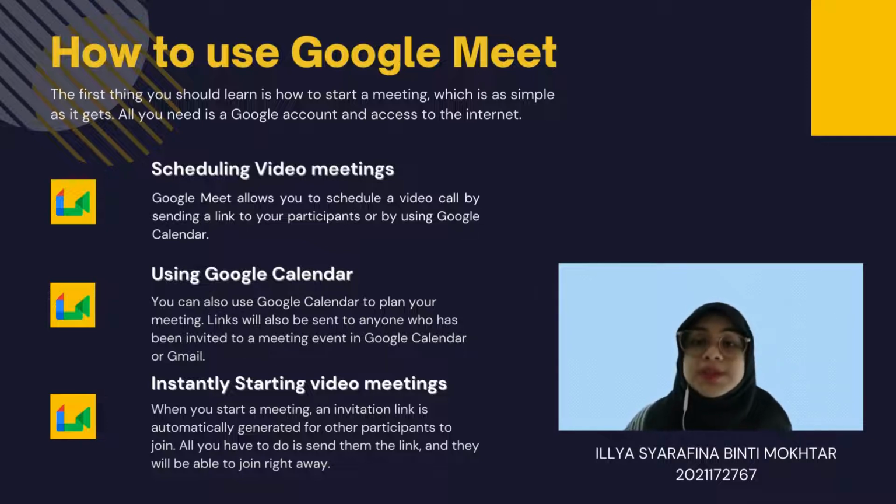The link will also be sent to anyone who has been invited to a meeting event in Google Calendar or Gmail. Lastly, instantly starting a video meeting. When you start a meeting, an invitation link is automatically generated for other participants to join. All you have to do is send them the link and they will be able to join right away.